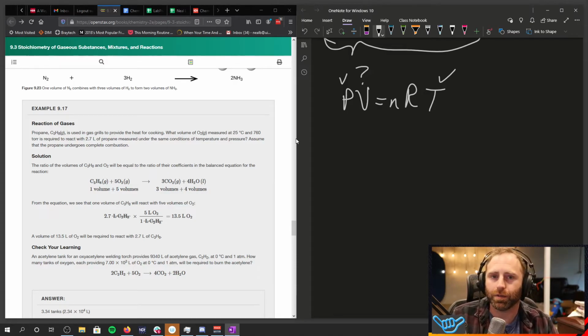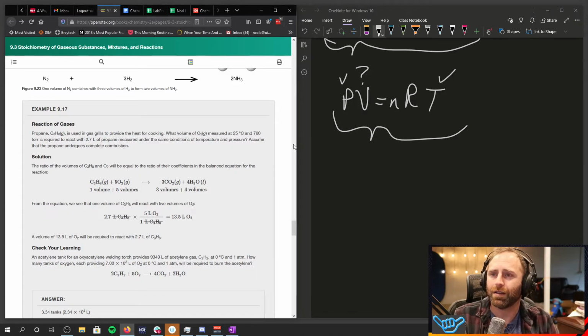It requires more steps to use your ideal gas law, because you're going to have to figure out things like your number of moles, which isn't as straightforward for this kind of problem. You could still do it, because from the 27 liters of propane, you would be able to figure out the number of moles of propane that you actually have.